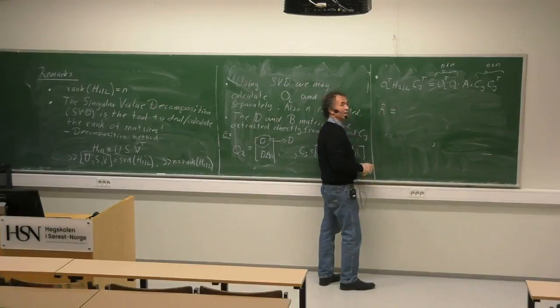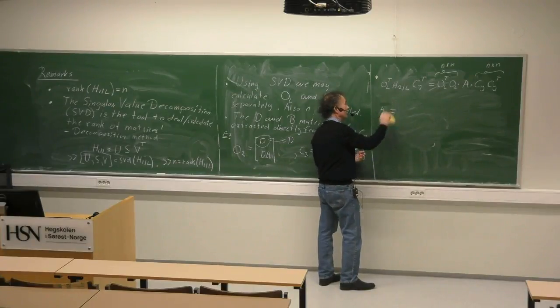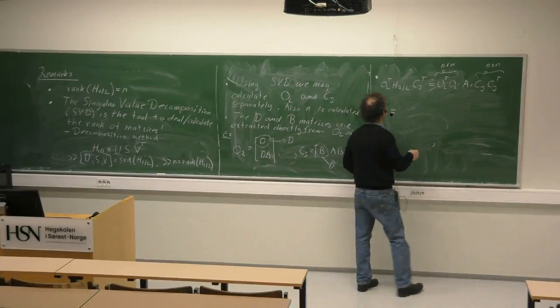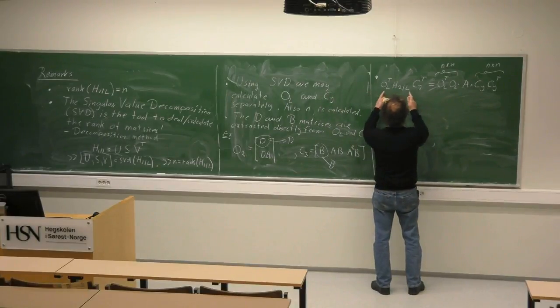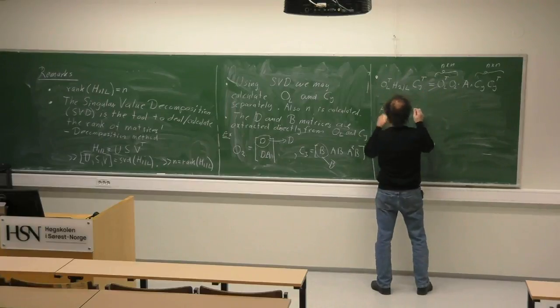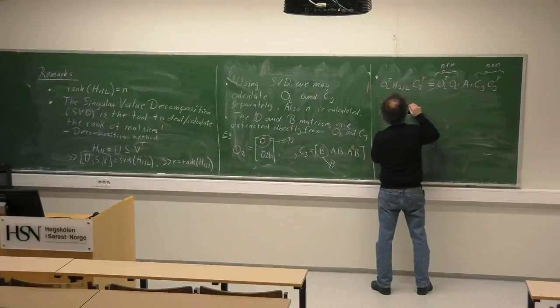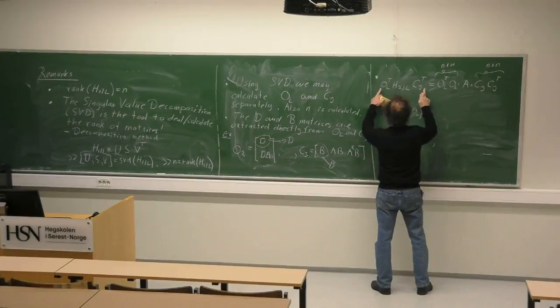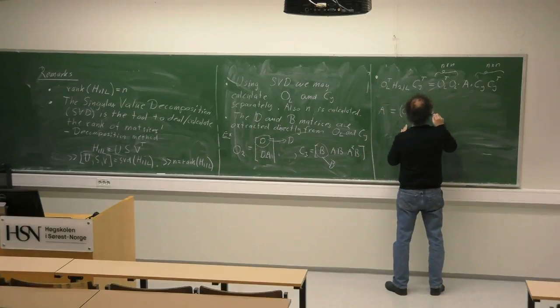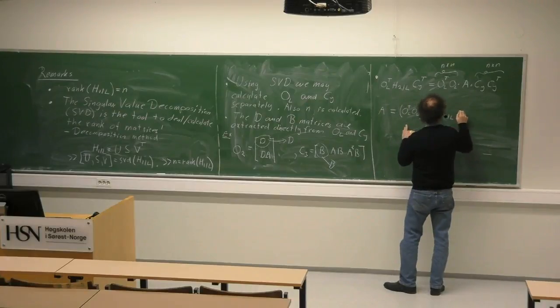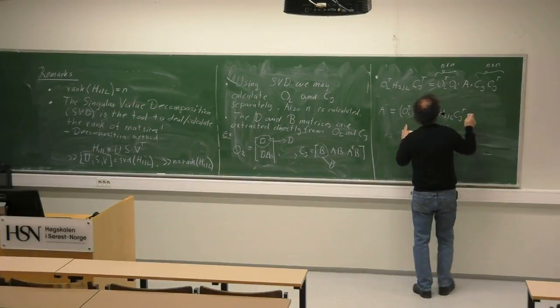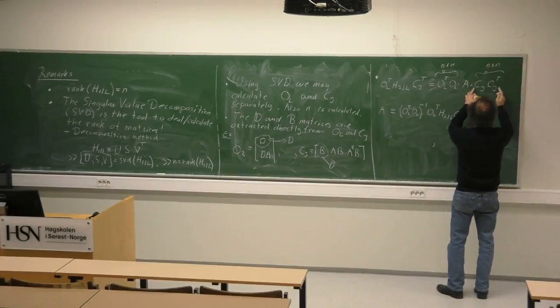We can use a hat in order to indicate estimates. Very often I omit this. Now the inverse of this one times this one, like this, inverse times all this. The C J transpose here, and multiply from right with the inverse of this one.